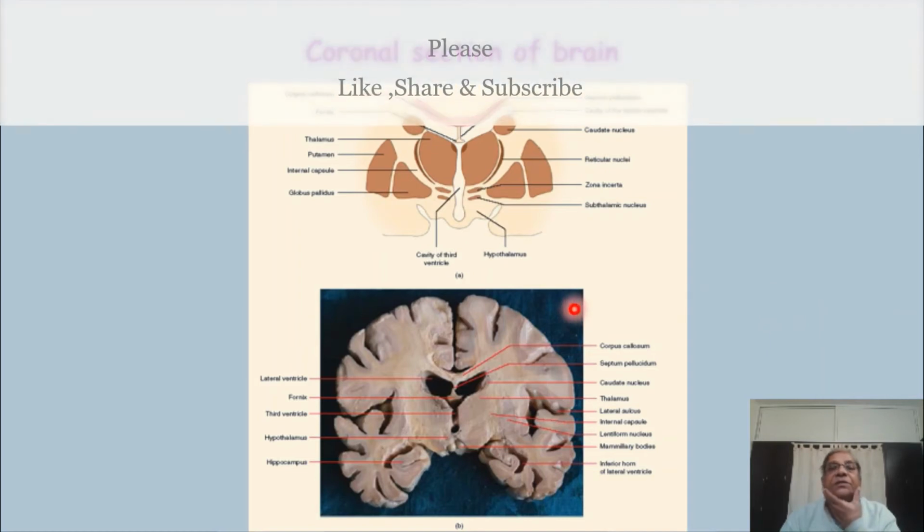we have taken this section, which is a coronal section passing through the thalamus as well as hypothalamus. Again, see this is the corpus callosum here, septum pellucidum, fornix is here, this is the right lateral ventricle, this is the left lateral ventricle, and the gray mass here is the dorsal diencephalon, which is thalamus, and in between the two thalami, this space is nothing but the third ventricle.